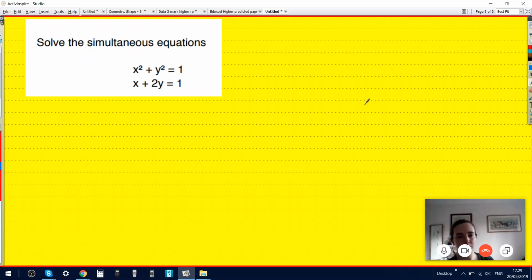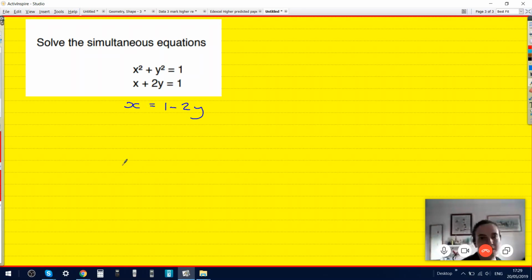Square the bottom one. No. Make x the subject for the simpler one. X equals 1 minus 2y. Yeah.